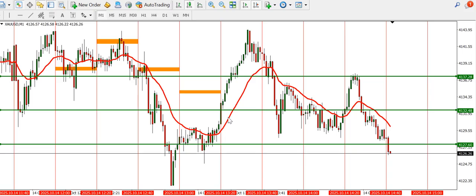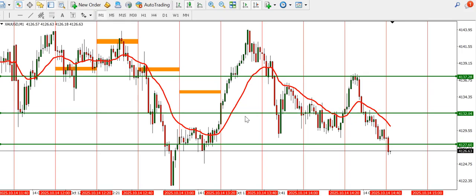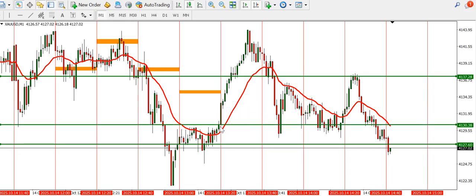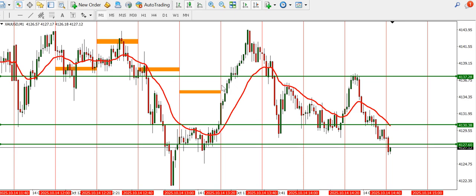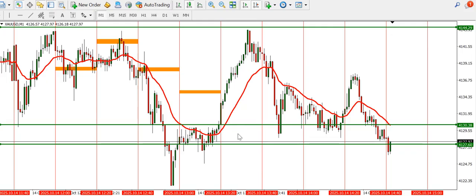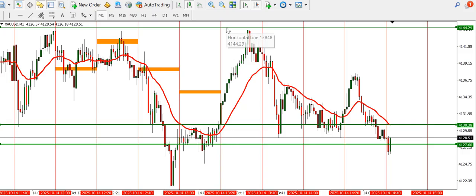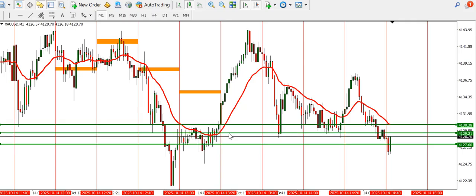Then the next one, from the close here to the close here before the vertical line. This candle close to this candle close, talking about the last candle before I plot my vertical line. I'm going to divide here so that I can plot the resistance or support level on this section.